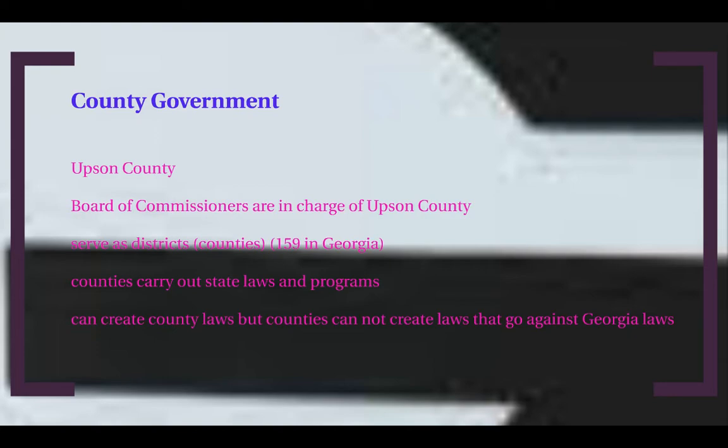The counties are to carry out state laws and programs. They can create laws, but counties cannot create laws that go against Georgia law. Remember, county government is run by the Board of Commissioners, not just by one person, but by a group of people.